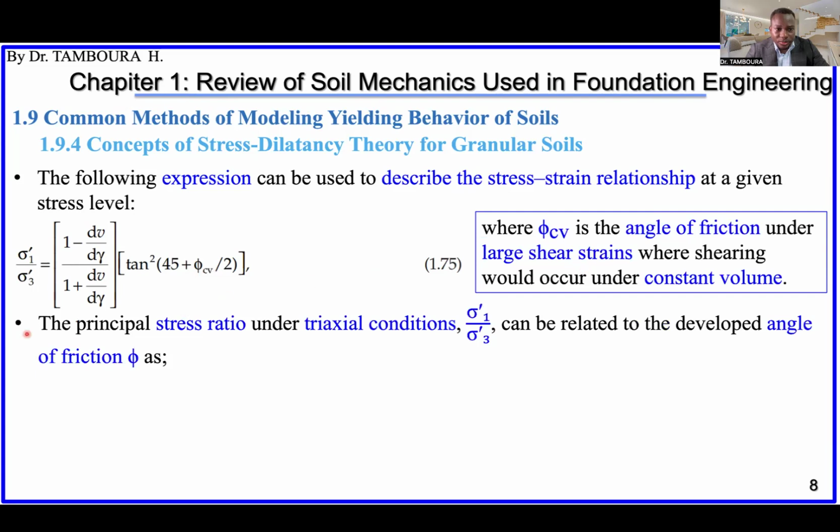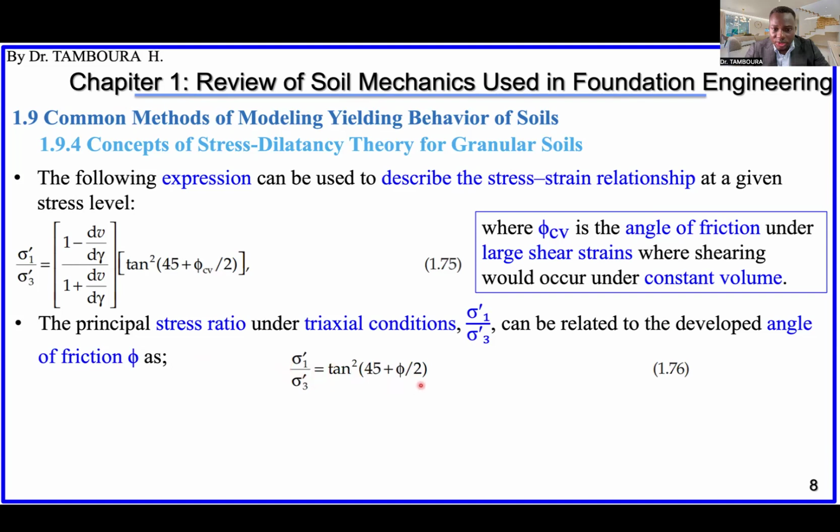And this ratio, the ratio of principal stresses, the stress ratio under triaxial condition, sigma 1 over sigma 3, can be related to the developed angle of friction, the angle of friction that is developed during the shearing. And we can link it like this.